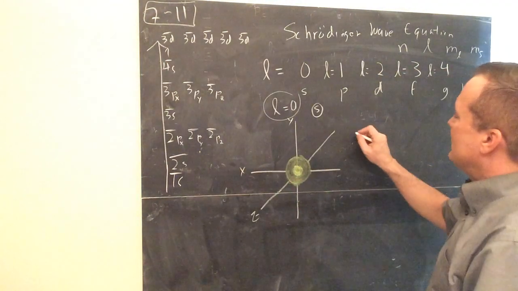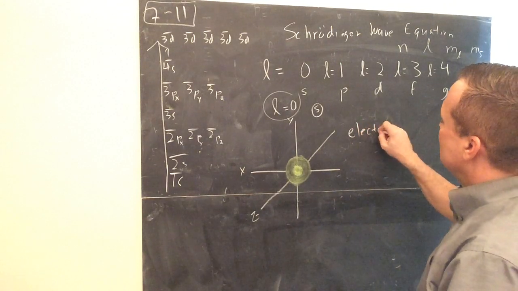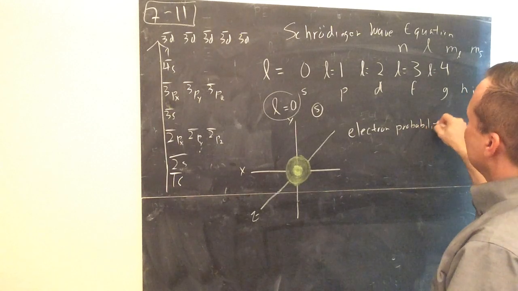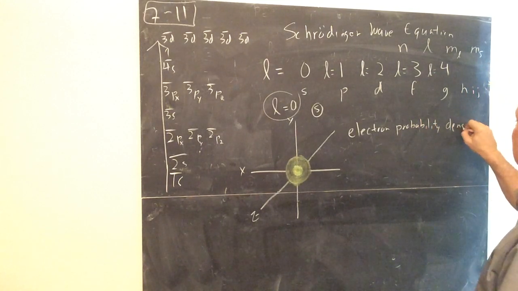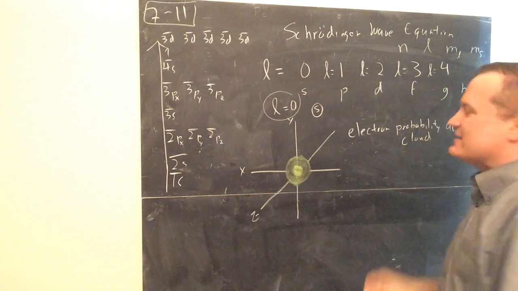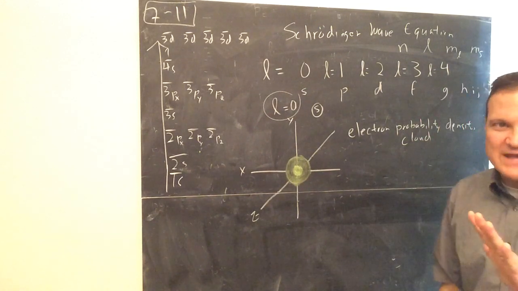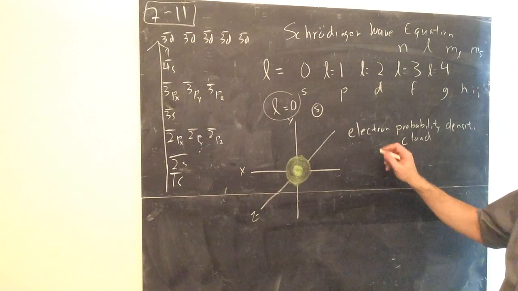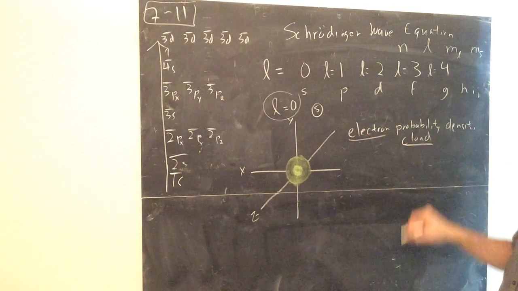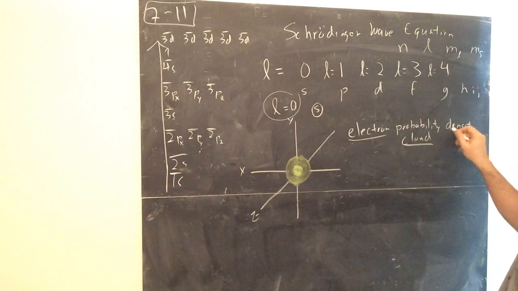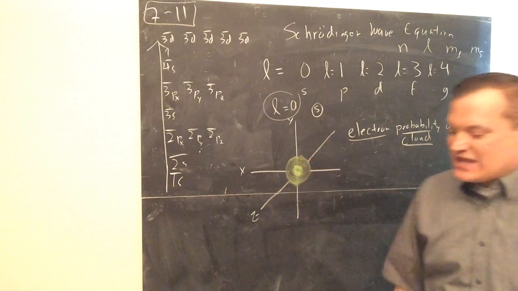This is called an electron probability density cloud. I use that long term because these are all the words I've heard them use, whether it's AP books or videos. Electron cloud is used a lot of times, but the electron probability density cloud is what this shape is.